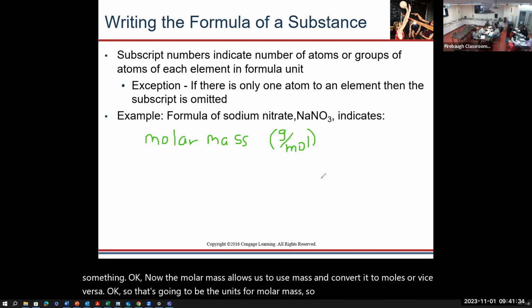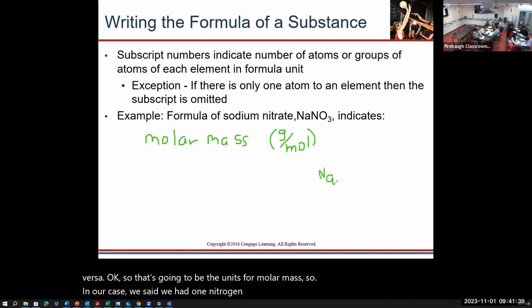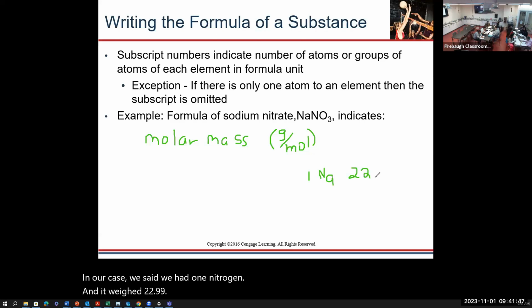So in our case, we had one sodium, and it weighed 22.99. And then we had one nitrogen, which weighs 14.